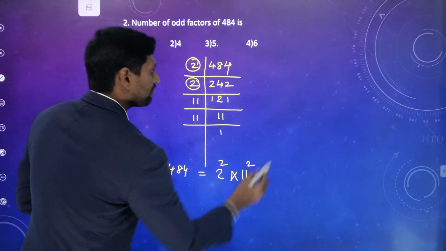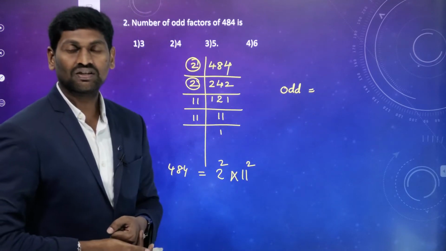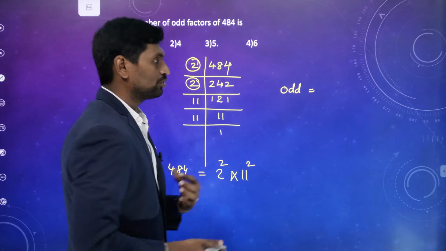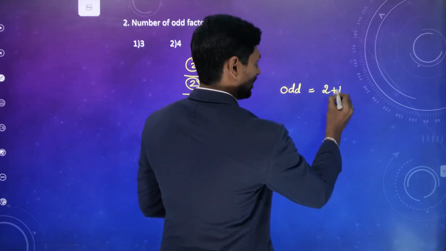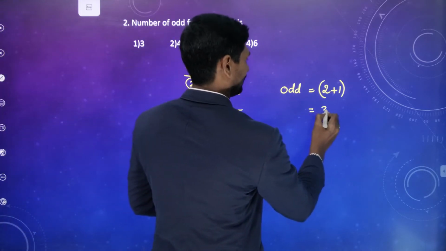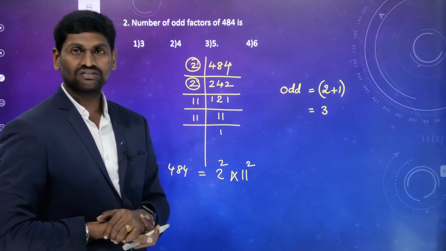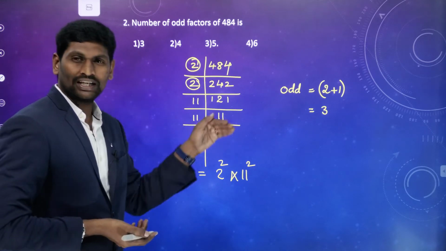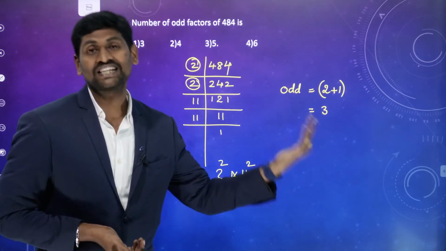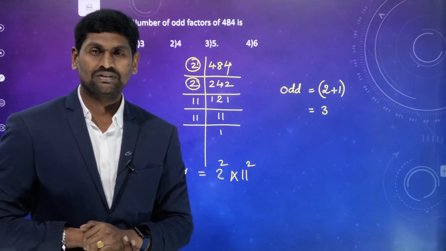So for odd factors we should consider only odd primes. What is the odd prime? Only 11. 11 exponent is 2. So the number of divisors is 2 plus 1, 3. There are 3 odd factors for this question. In case only 2 power 8 or 2 power 7 came, with no presence of an odd prime number, then the answer will be 1.